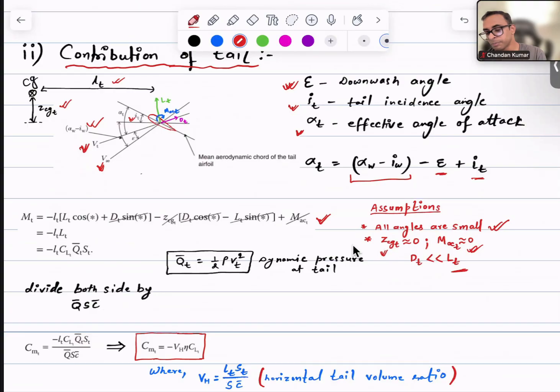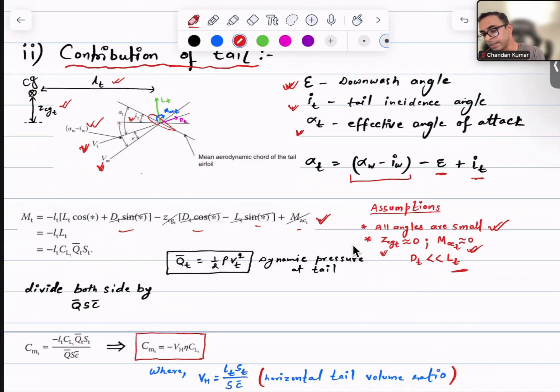So when we put all these assumptions in this equation, we can neglect these terms, and we are left with only this particular term, where lT is the horizontal distance between the tail and the center of gravity, and capital LT is the lift at the tail.